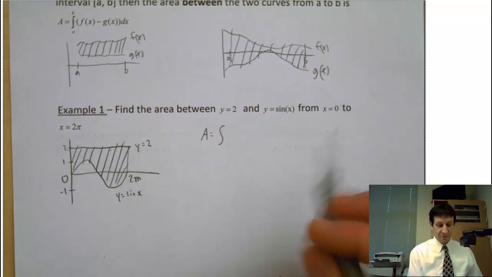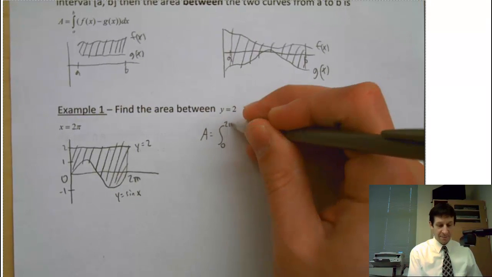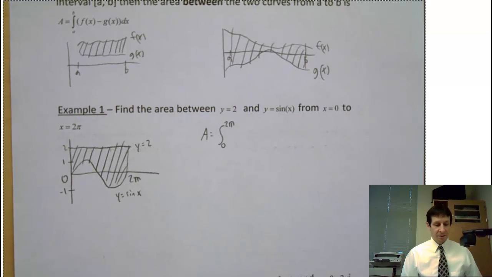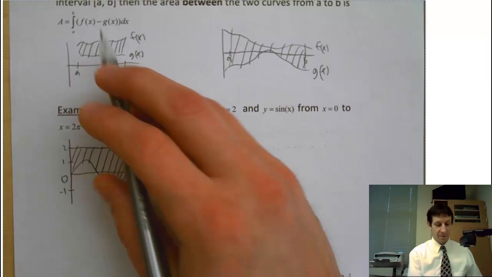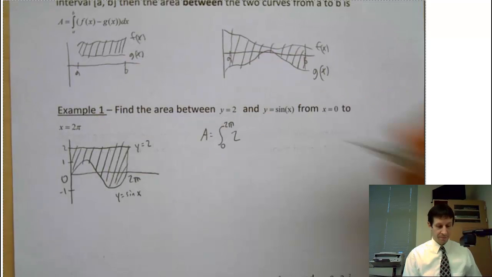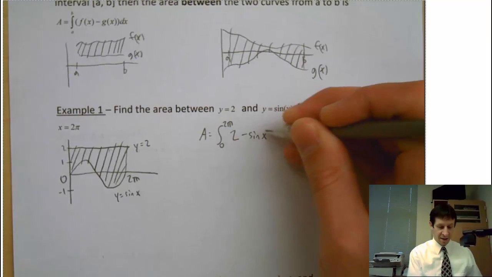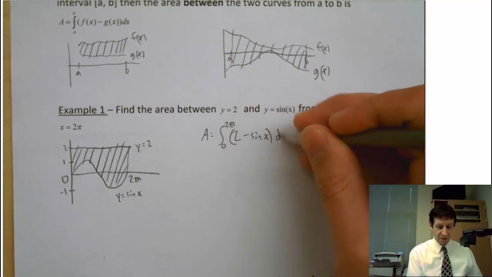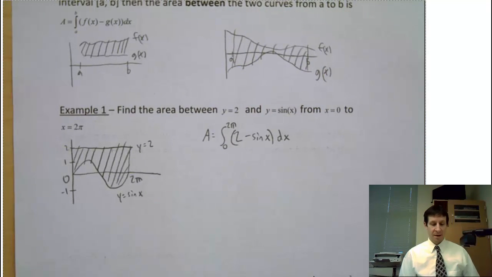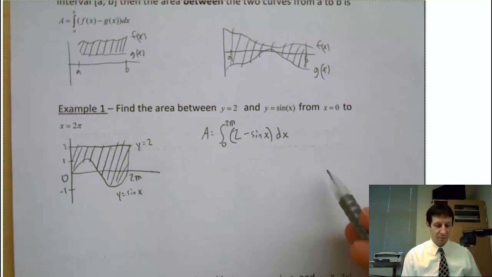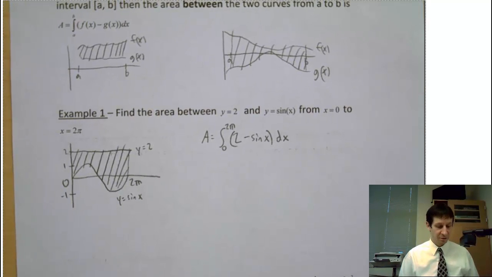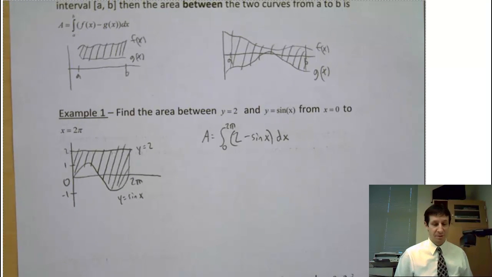We were asked to go from 0 to 2 pi. The formula says take the upper function, in our case a 2, subtract out the lower one, which is sine of x. To get our notation right, we're using x's, so this should be a dx here. So this is the key to our problem. We just need to calculate this definite integral, and that'll be the answer to our problem.